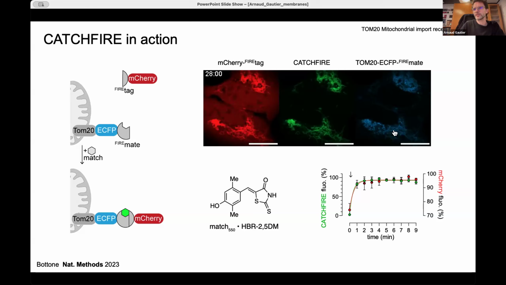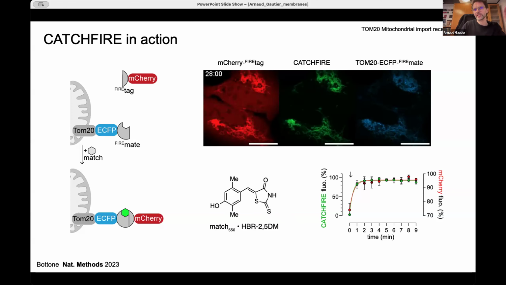To do these experiments, we use this small molecule that we called MATCH 550. The 550 subscript is actually the wavelength of emission of the complex formed by the assembly. So it emits at 550 nanometers, more or less in the green-yellow region.